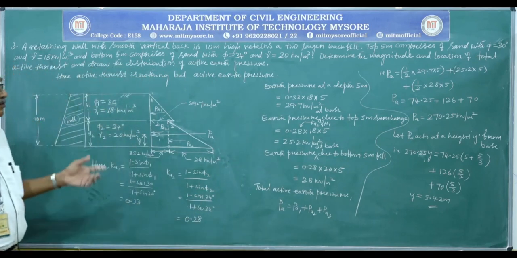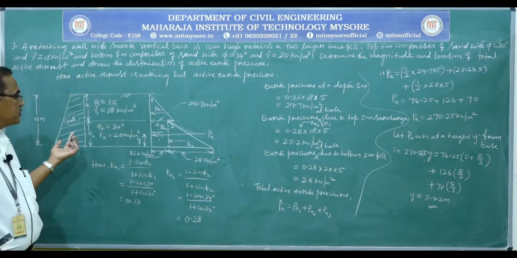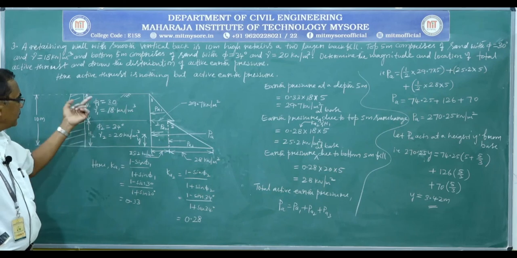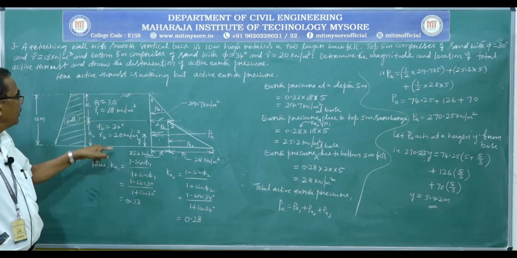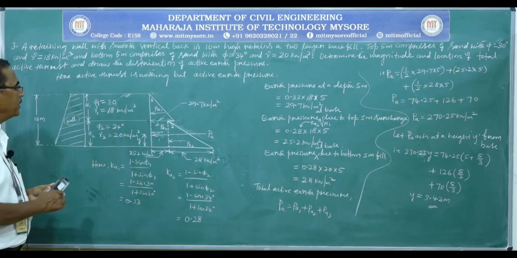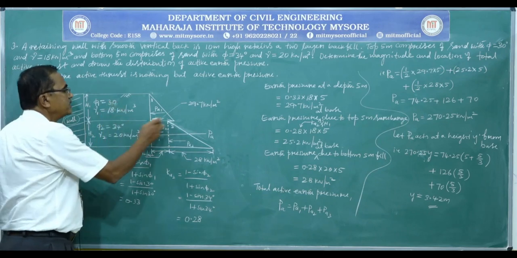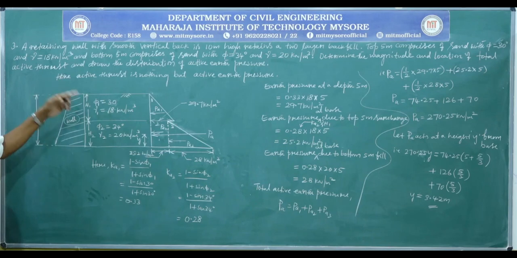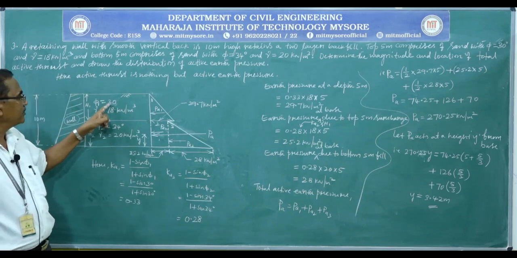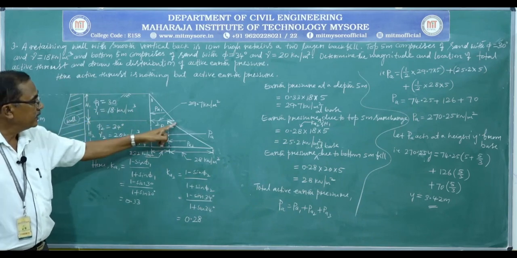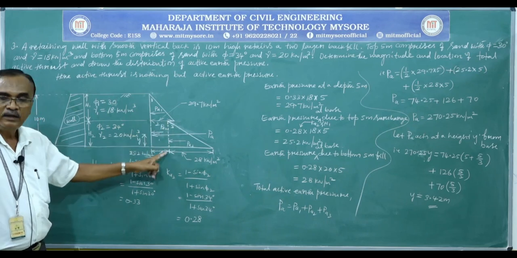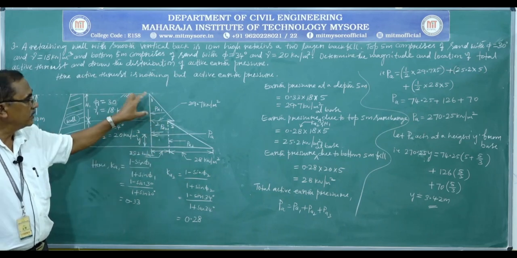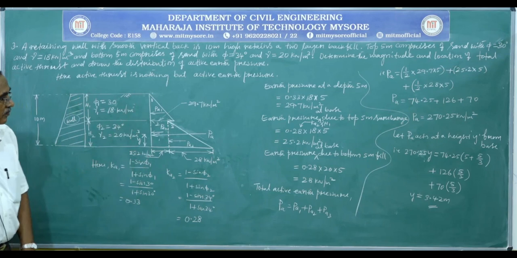So you can compare this problem and the previous problem. In the previous problem, the bottom layer had a smaller value of angle of internal friction compared to the top layer. Hence, there was an increase in the pressure due to the surcharge. Here the bottom layer has a higher value of angle of internal friction compared to the top layer. There is considerable reduction in the earth pressure when we consider the surcharge.